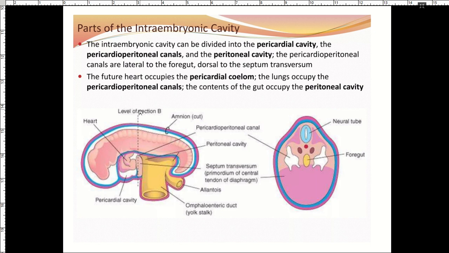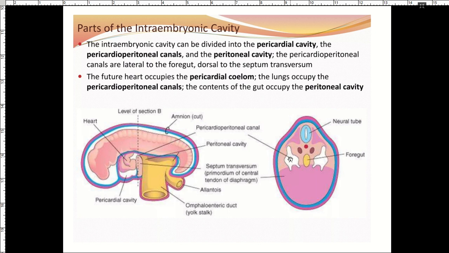So if we cut a section at this level, you're going to see spaces at the side of your foregut called pericardioperitoneal canals. These canals are very important because they allow communication between your peritoneal cavity and your pericardial cavity. So remember, these cavities are still in communication, right?